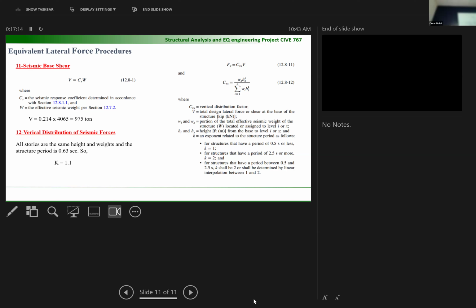I told you V is a force. It should be mass multiplied by acceleration. Well, mass is inside the weight here, right? Because the mass is the weight over g. So definitely g can be inside this factor. And the acceleration is going to be inside this CS. So basically CS is an acceleration.